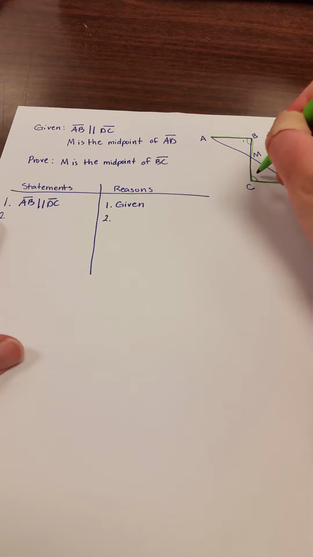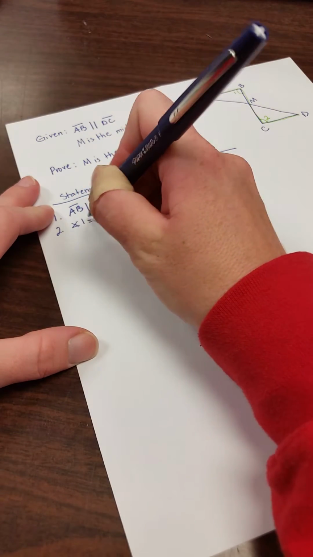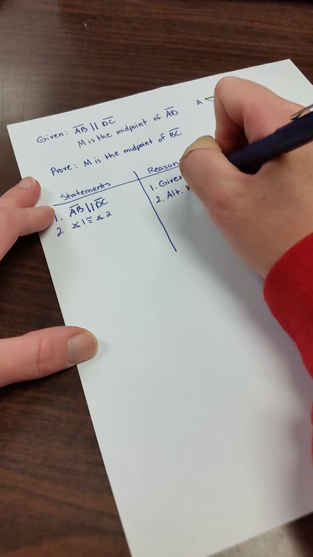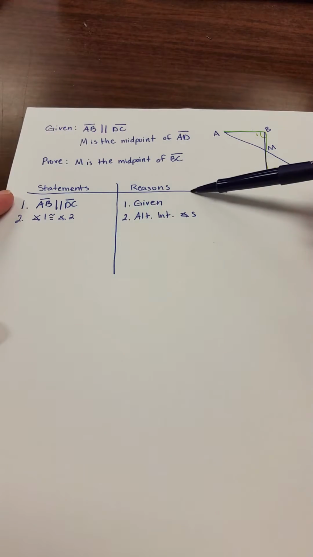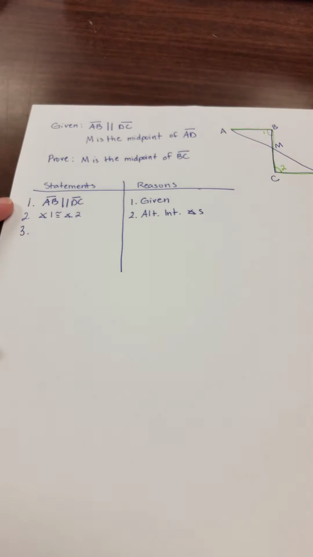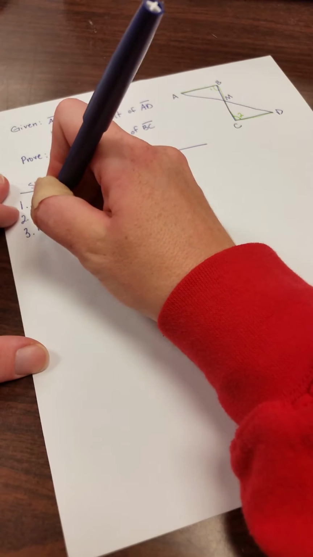So I'm going to call those 1 and 2. So if lines are parallel, then that means 1 and 2 are congruent because they are alternate interior angles. So our congruent part is that angle 1 is congruent to angle 2 because they're alternate interior angles. So we have a given and a congruent part. Step 3, use your second given. Our second given is that M is the midpoint of AD.